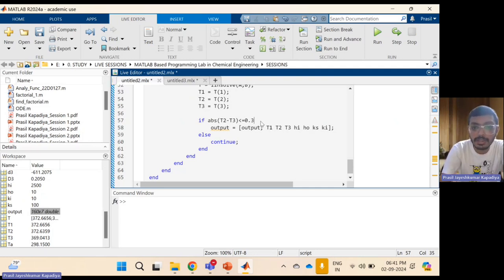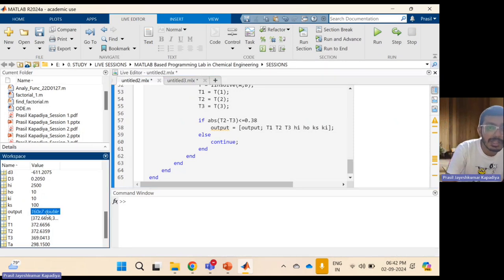Let's say 0.39. Same 160 solutions. 0.38, 160. 0.37. Okay, so all my values are less than 0.38, and I have 160 solutions.